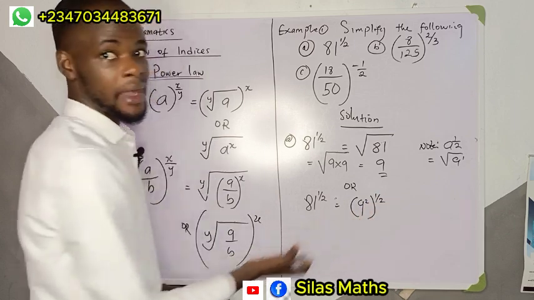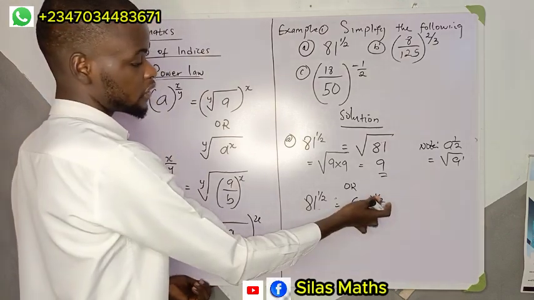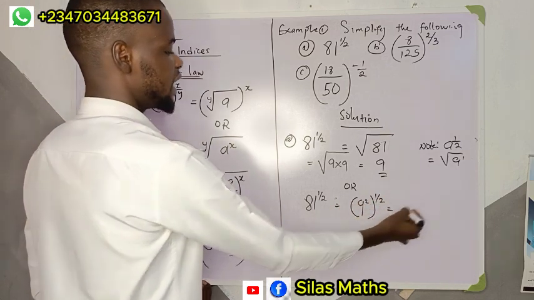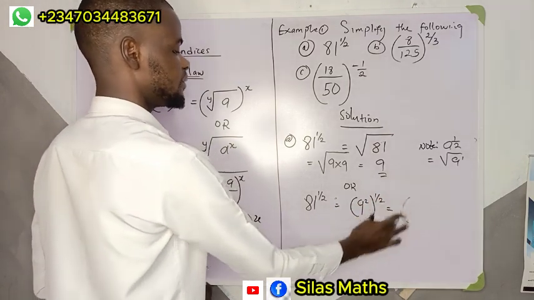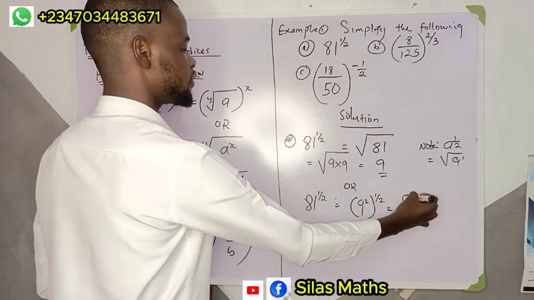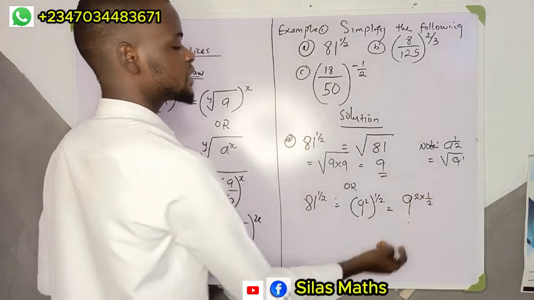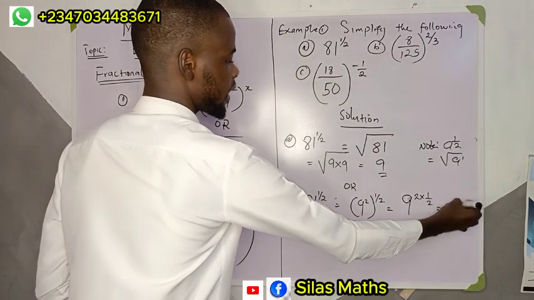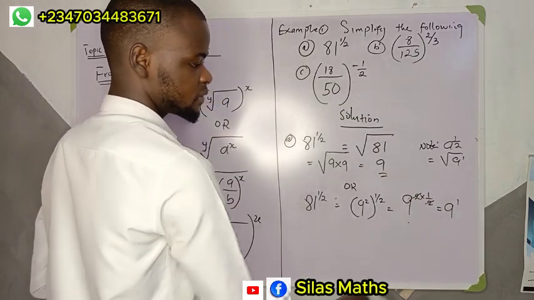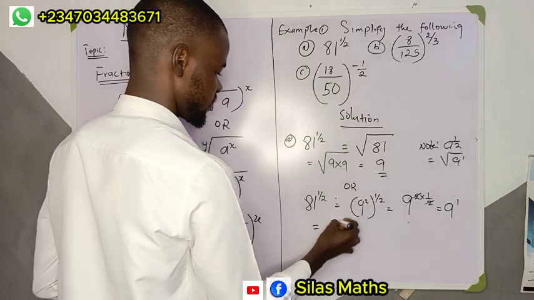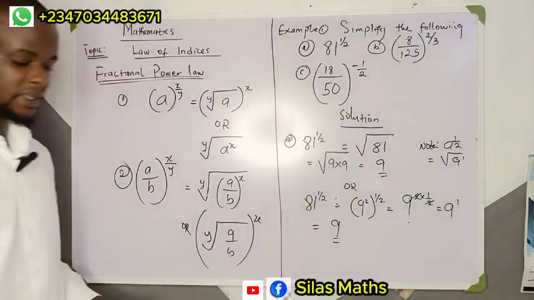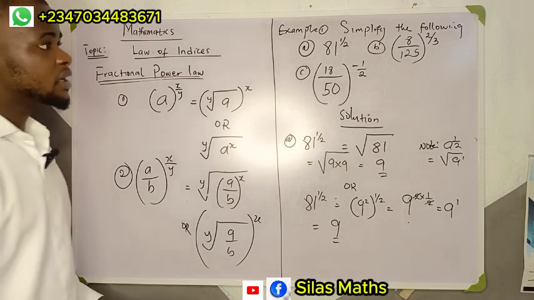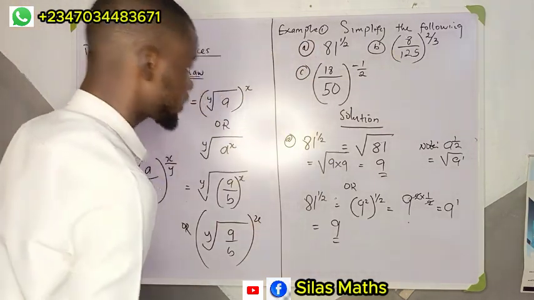Remember the power to power law: this power will multiply this power, giving us 9 to the power of 2 times half. And 2 times half is 1. So that gives 9 raised to power 1, because the 2 and the half cancel out, and my final answer is also 9. That is applying the power law. So over to number 2. Let's quickly check out number 2.